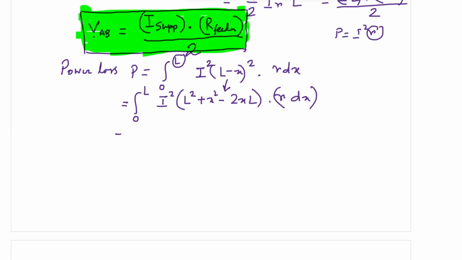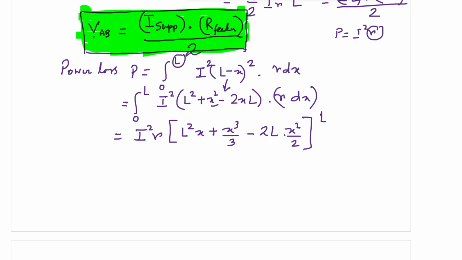If you take I square into R common, you will have an integration. Now this term will give L square x. The second term will give x cube by 3, and the last term 2 into L into x dx integration gives x square by 2.